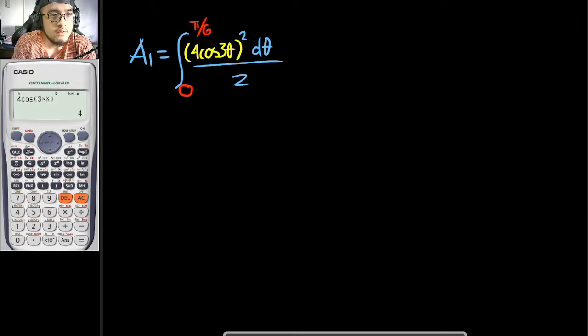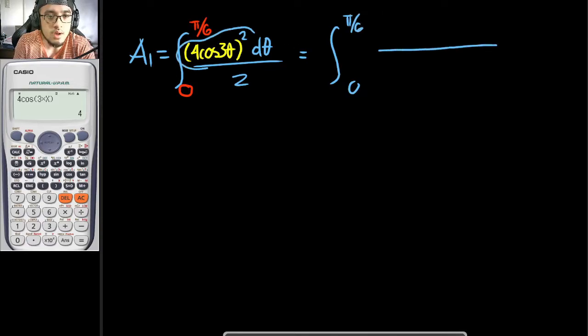Okay, so solving for this integration problem right here. This is to be equal to the integral of 0 up until pi over 6 of 16 cosine squared 3 theta d theta over 2.